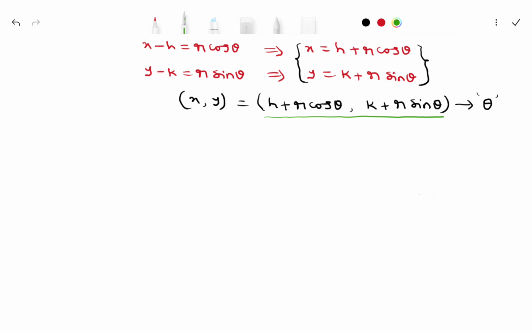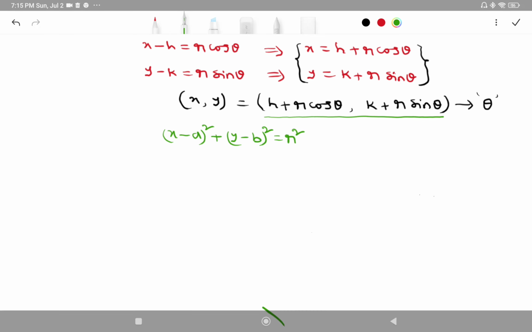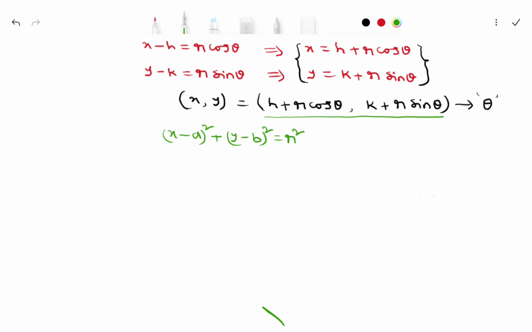So what are the different forms of a circle? One is the general form: (x minus a) whole squared plus (y minus b) whole squared equals r squared. So this is one form. In this one, what are the parametric equations?